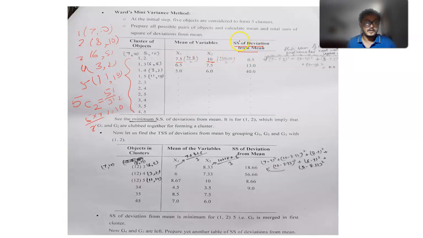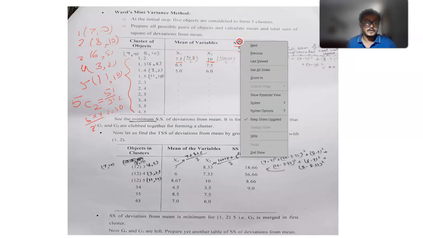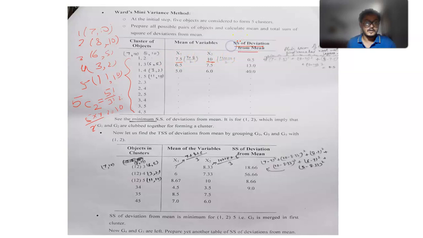So the sum of square value will be 7 minus 7.5 whole square, 10 minus 10 whole square, 8 minus 7.5 whole square, 10 minus 10 whole square.